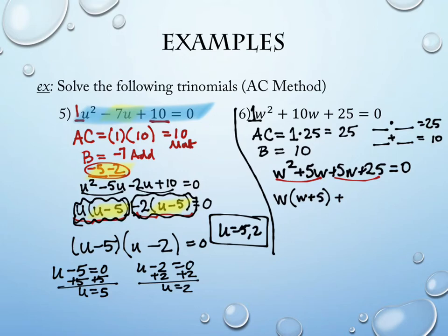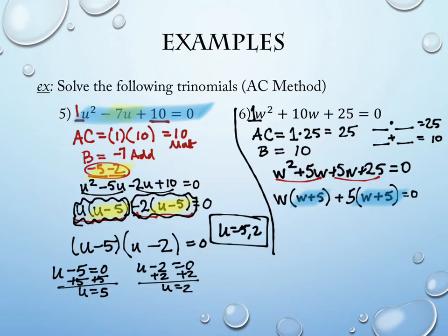Everybody jointly says 5, right? And then if I take a 5 out of 5w plus 25, I have another w plus 5. That's my goal. If it didn't, I would have a problem. I need to go back and find it.